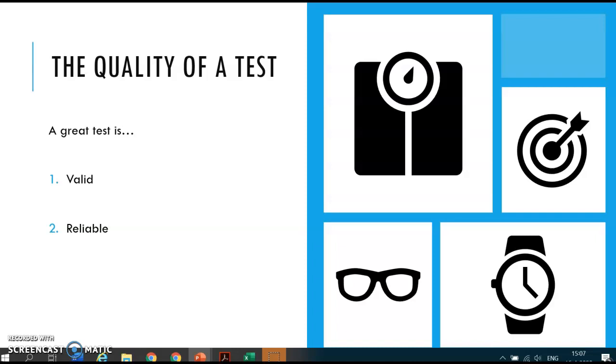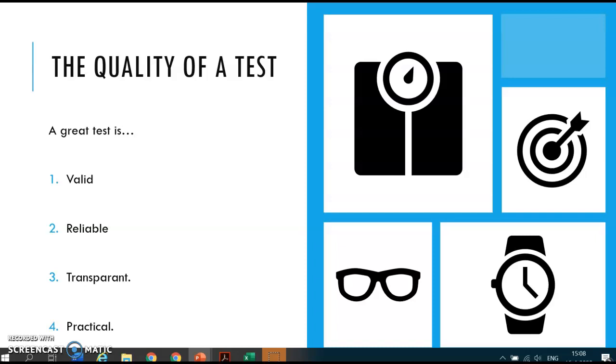Then two other issues with testing are transparency and practicality. A test should be very transparent for the pupil and for the student, so it needs to be very clear how a grade is obtained and what needs to be done to actually pass this test. And the fourth one, very important: it needs to be practical for the teacher to administer.